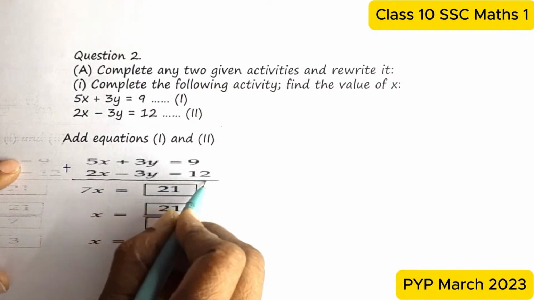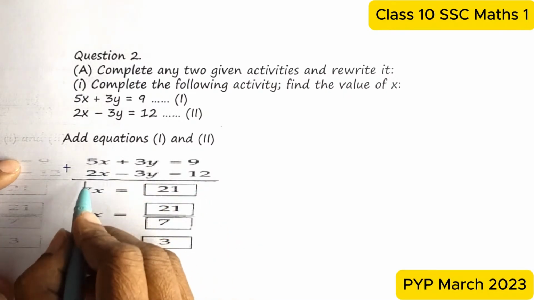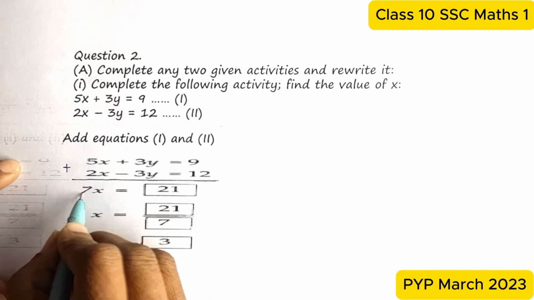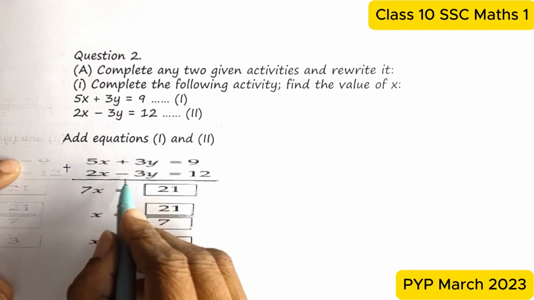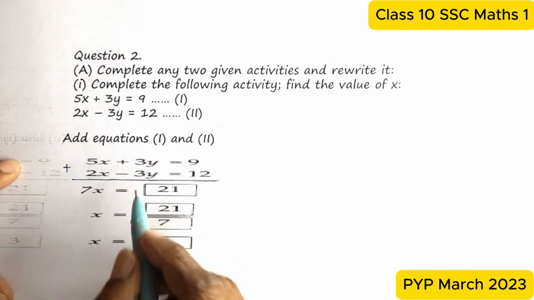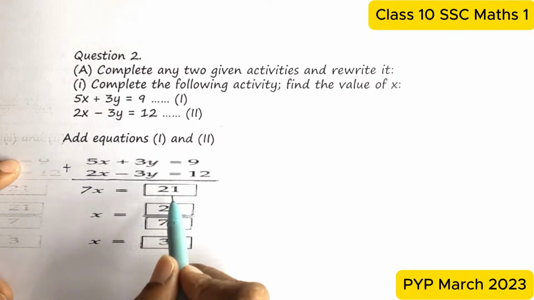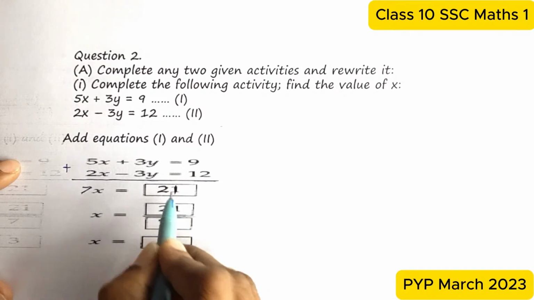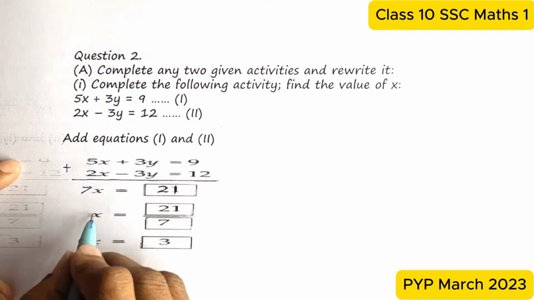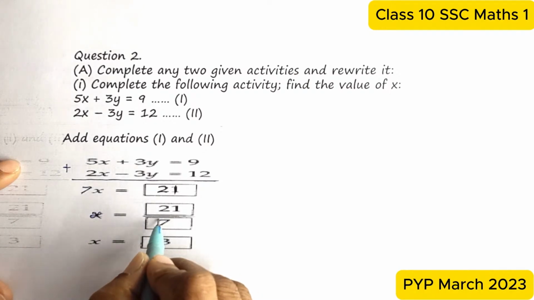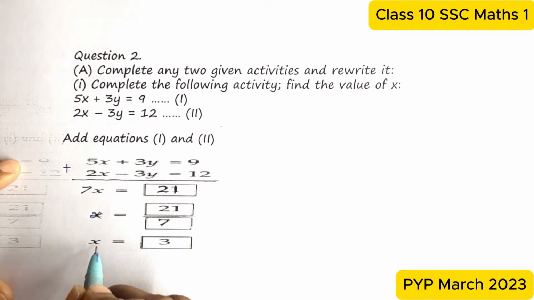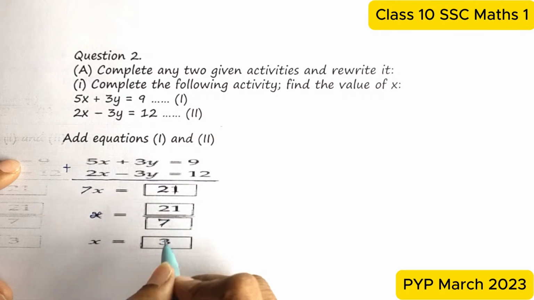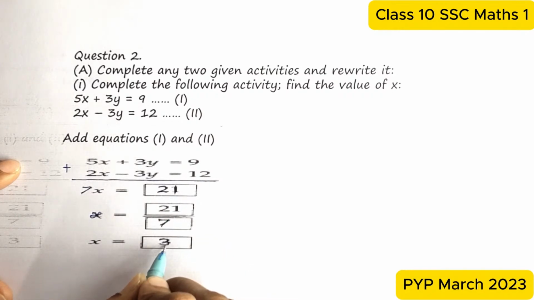Then here 5x plus 2x is equal to 7x, and plus 3y minus 3y is equal to 0. And here 9 plus 12, that means 21. Here is the answer 21. Then x is equal to 21 upon 7. And so x is equal to 7 1s are 7, 7 3s are 21. So the answer is 3. Okay, students, x is equal to 3.